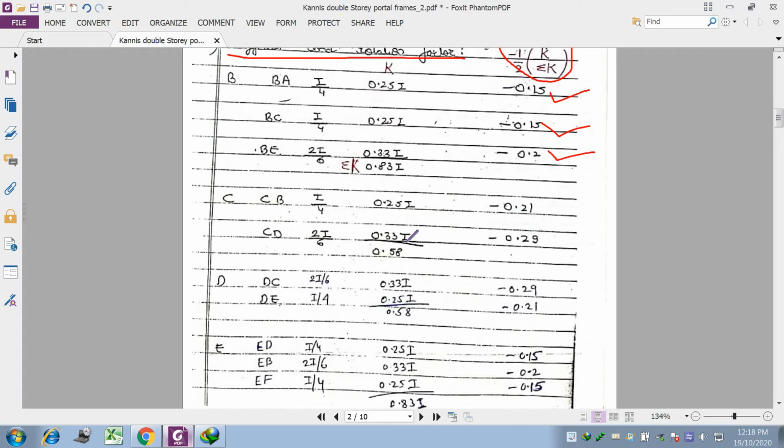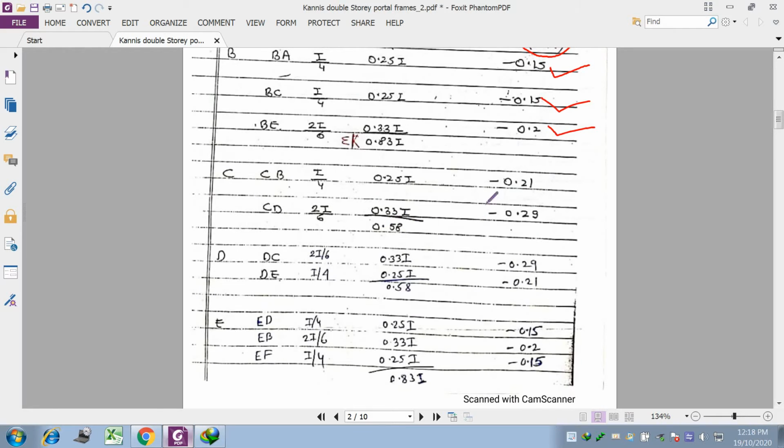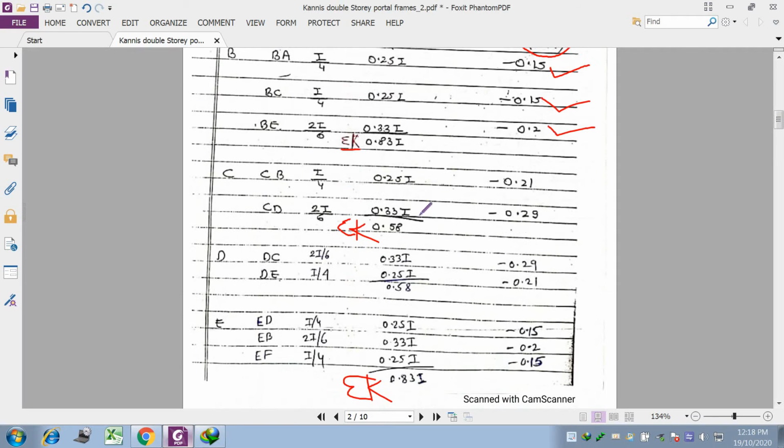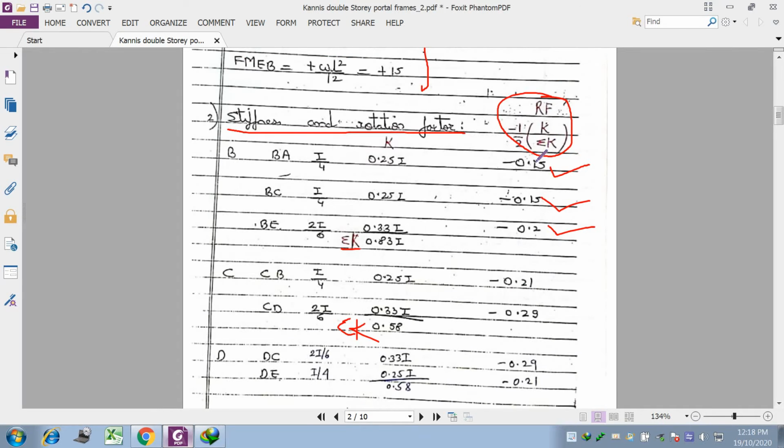So therefore finally you will get 0.25, 0.33, and the summation will be 0.58. Okay, and this is the summation value of K. So we have to use the formula of rotation factor.